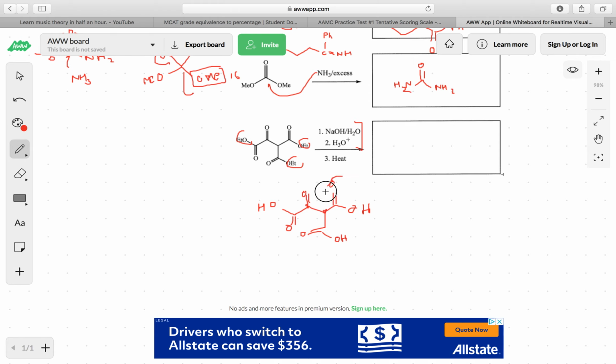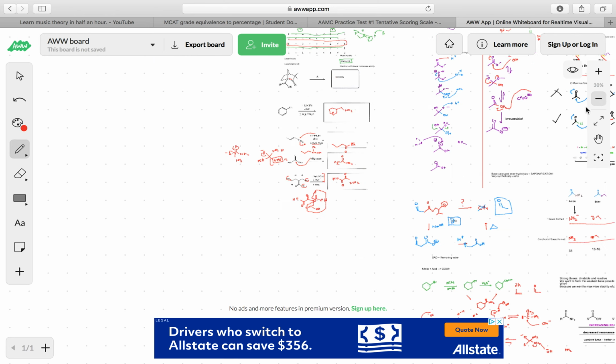So let's just lasso out everything that was here, and we should end up with this as our product, and then 2 CO2s. Remember, it's important that you keep the moles.